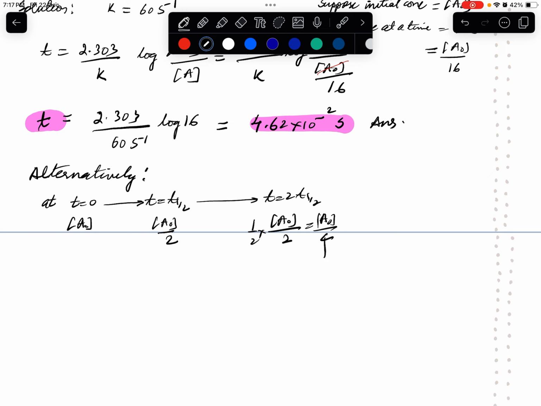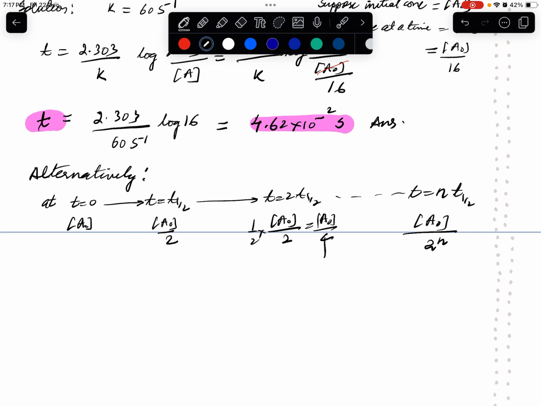In the same manner, if we continue, t is equal to n times t half. In that case, the amount left will be A naught divided by 2 raised to the power n, where n stands for the number of half-lives.